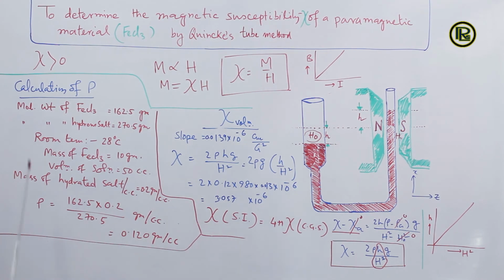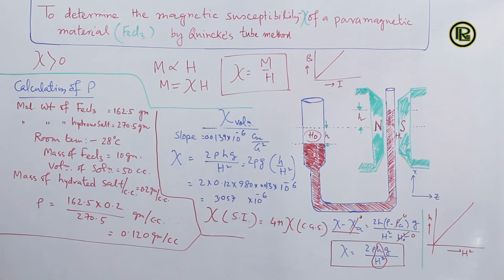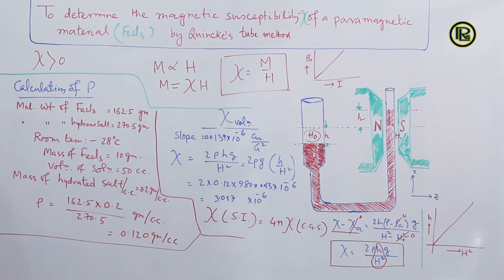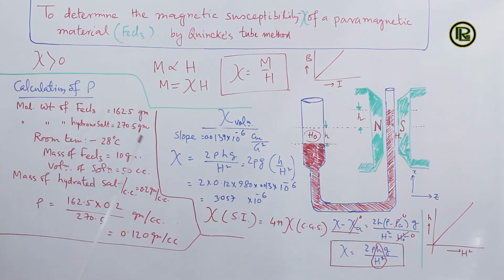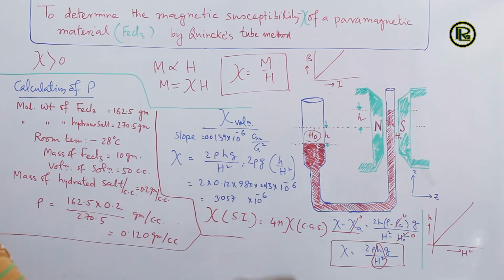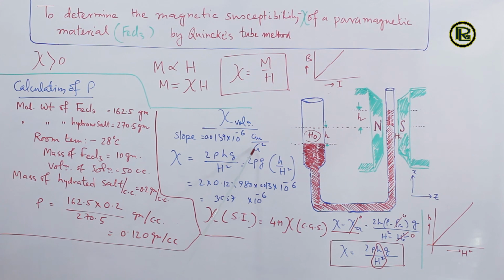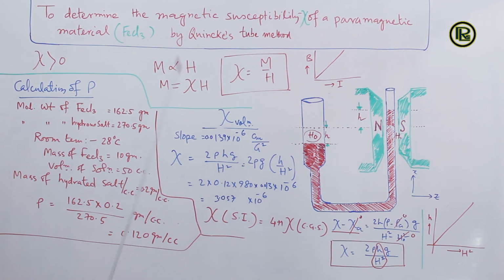And with this rho, I have calculated the susceptibility. This is called the volume susceptibility, and this volume susceptibility from this relation and this graph. So the slope of this graph is 0.0139 into 10 to the minus 6 centimeter per Gauss square.